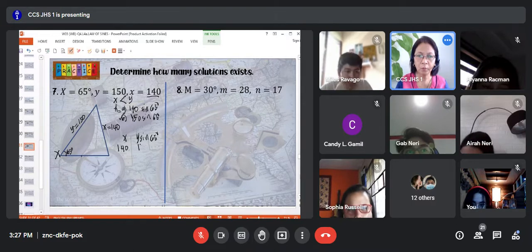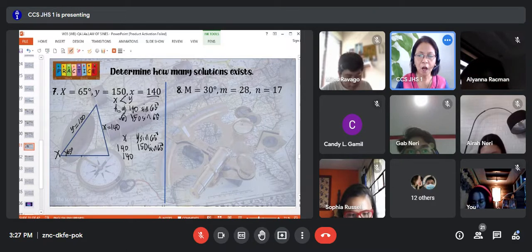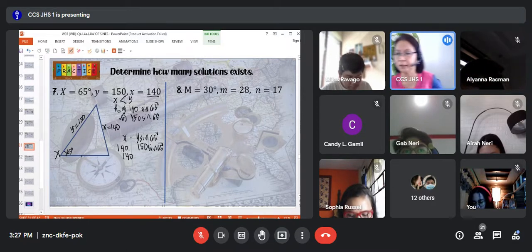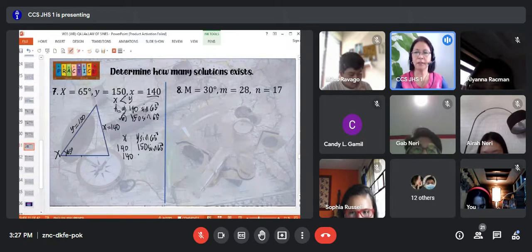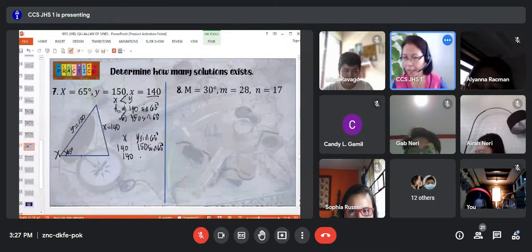Compare now. 150 sine of 65. How much is 150 sine 65 degrees? May I hear the voice of Candy?